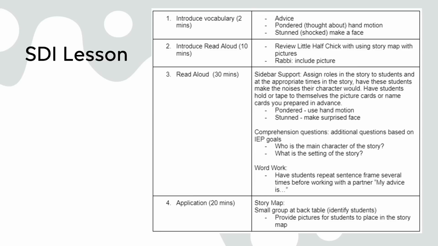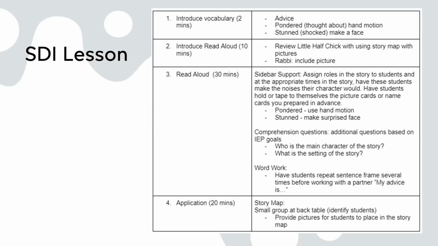You can pause the video here in order to locate the lesson plan from the teacher's guide. These SDI strategies were selected for a student with autism who has comprehension needs related to main idea, sequencing, and identifying the parts of a story.